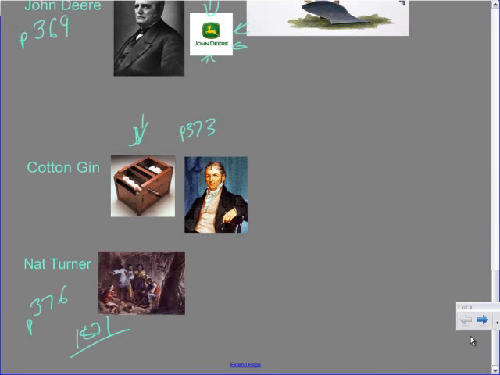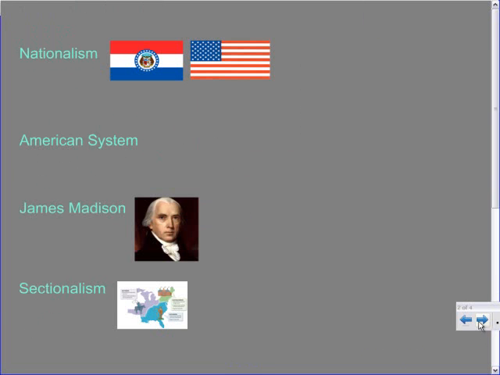So because of some of these inventions, and also because of the War of 1812 and all of that kind of stuff, the nation becomes drawn closer together, and people start having more pride and loyalty to their country and the United States. And that is what we refer to as a sense of nationalism.